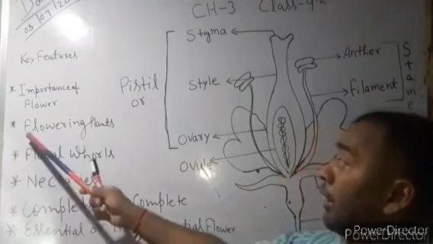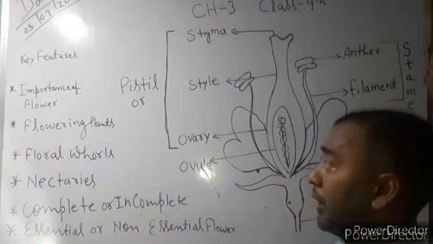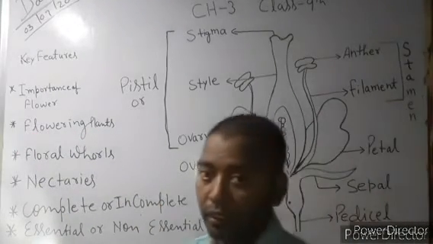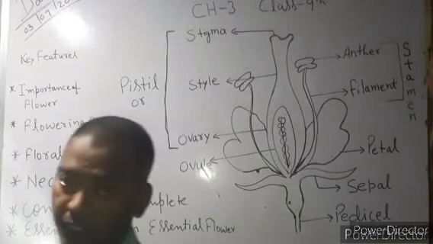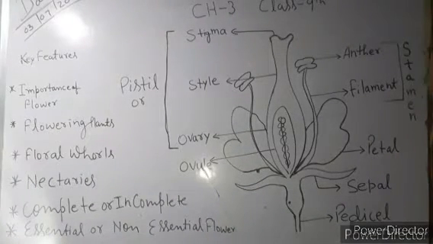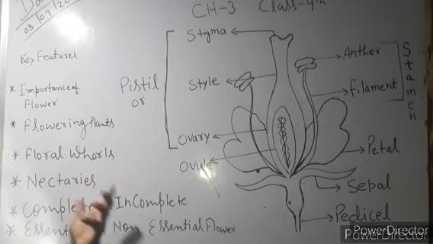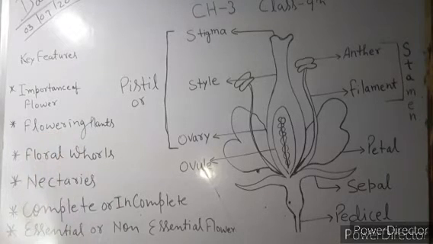Now, the second key feature is flowering plants. Most of the plants that live around us are known as flowering plants, or you can say the angiospermic plants are also called flowering plants.